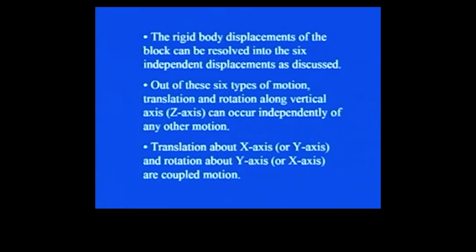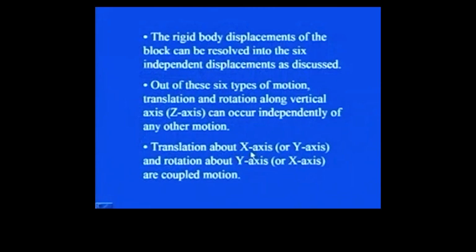Now, out of these 6 types of motion, translation and rotation along the vertical axis, which is the z axis, can occur independently of any other motion, that is either the translation in x and y direction or the rotation about x and y.